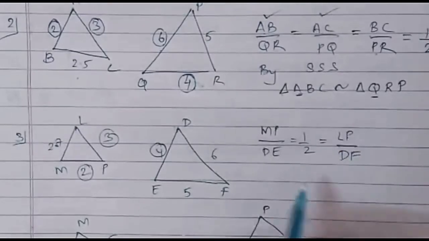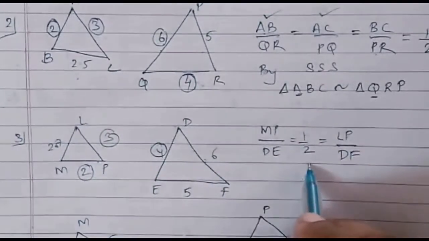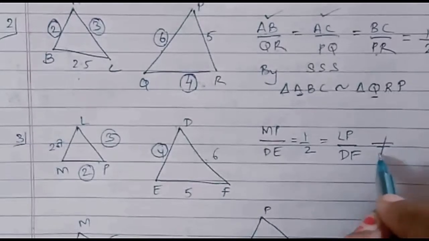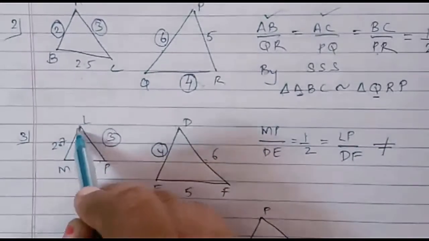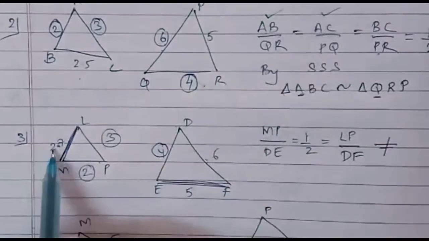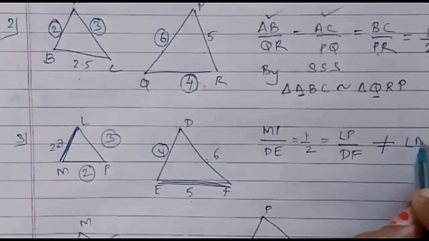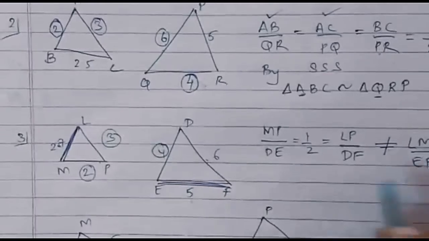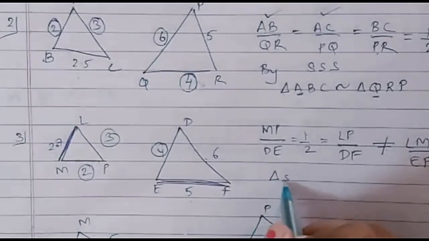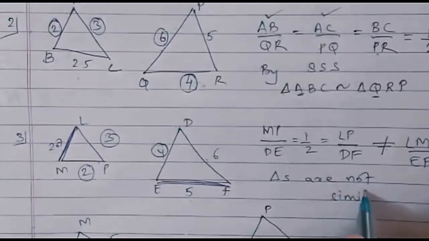If I compare LP is to DF, it is again 3 is to 6, that is 1 is to 2. But here unfortunately we don't have the ratio of the third side LM as compared to EF, because this is 2.7 and this is 5. So it is not equal to LM is to EF. And so we can say the triangles are not similar, right?